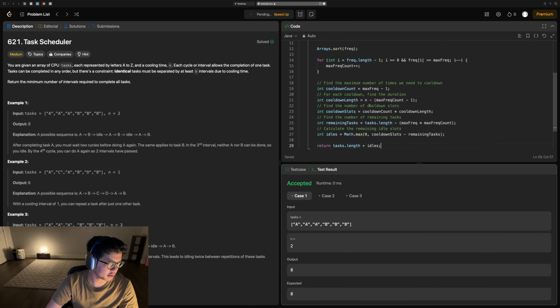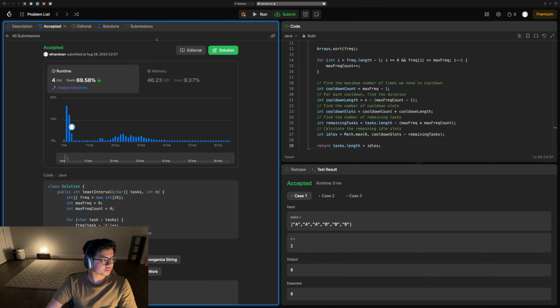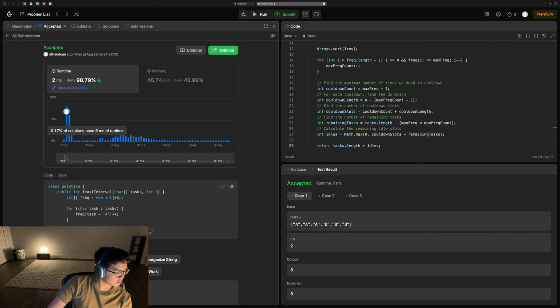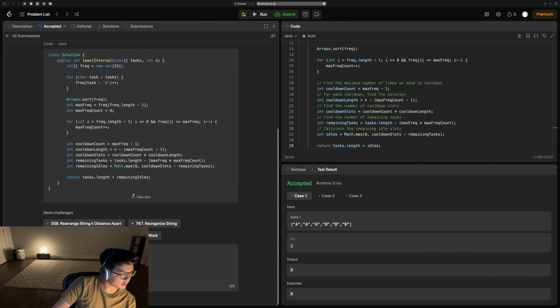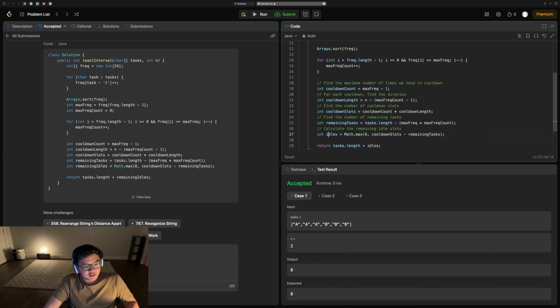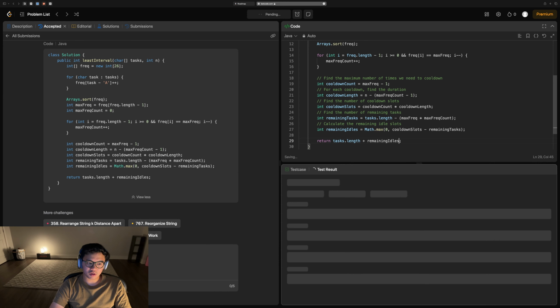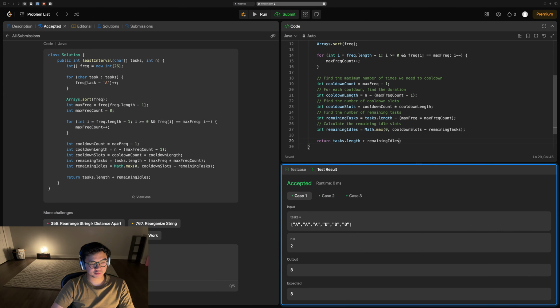What did I name it again? I named it something. I don't think I named it idles. Remaining idles. I literally had it right here. Okay.